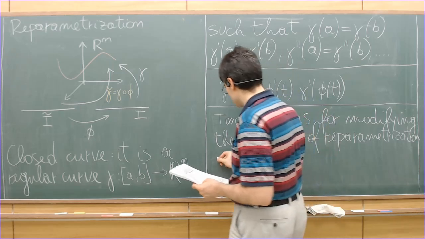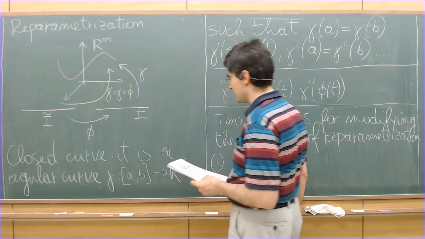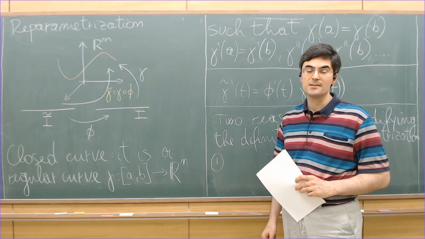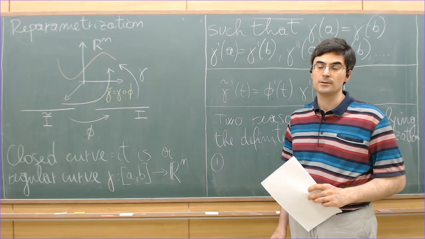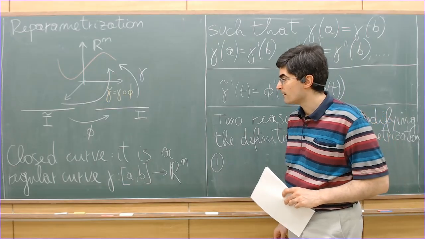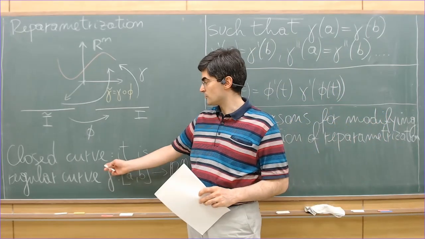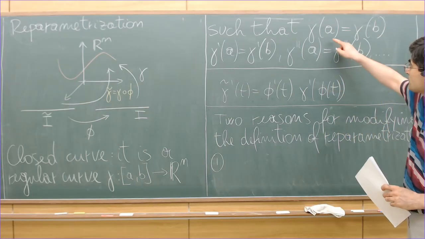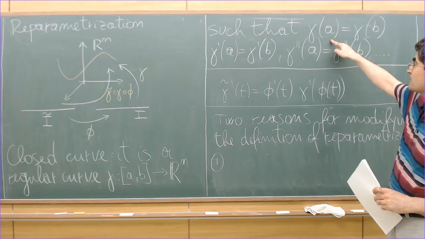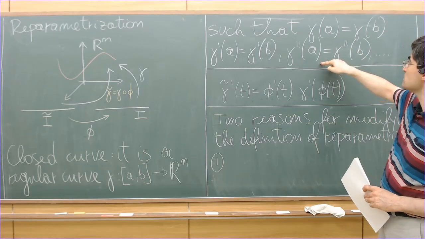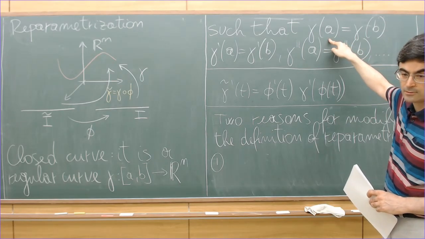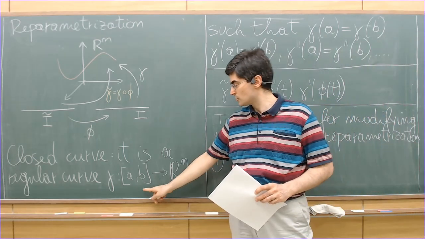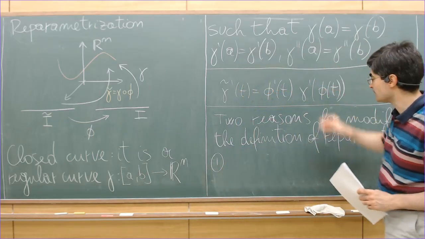The first one is the fact that we want the reparameterization of a closed curve to be a closed curve. Now let's look at the definition of closed curve, and you see that gamma must satisfy this list of conditions, that is, the value of gamma and of its derivatives at the endpoints of the interval of definition must coincide.